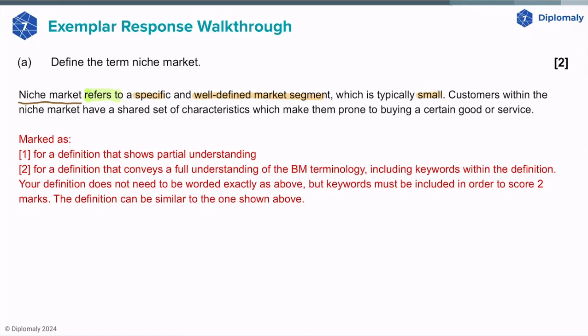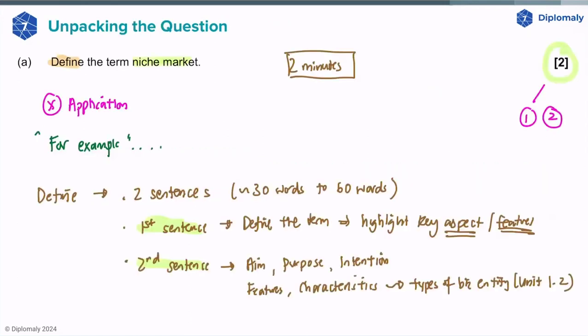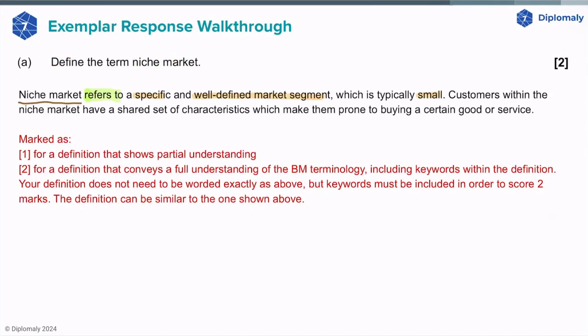In the second sentence, this is where you expand to talk about, going back to what I said earlier, the aims, the purpose, or the intention of this key terminology. So here it says that customers within the niche market have a shared set of characteristics which makes them prone to buying a certain good or service.